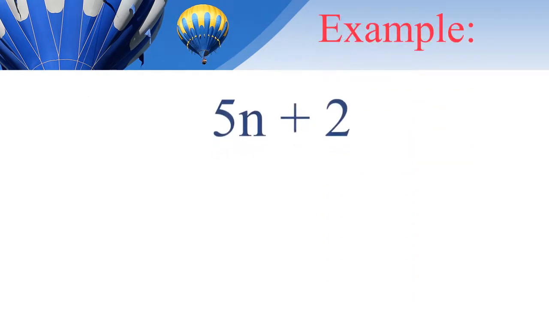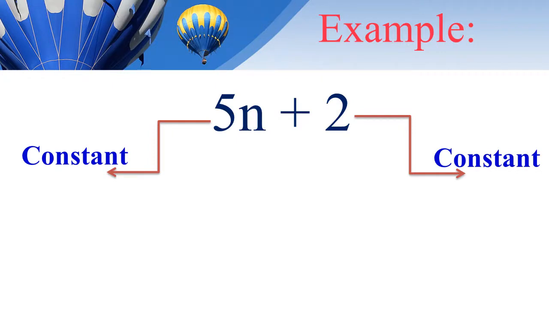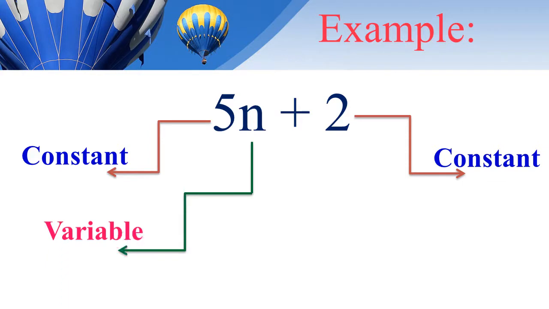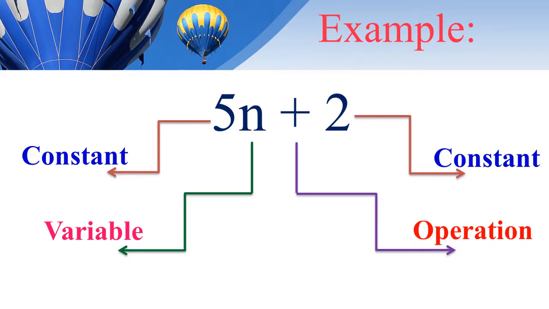Now let us see one example of an algebraic expression. The given expression is 5n plus 2. Here 5 and 2 are constants and n is a variable. Plus is an arithmetic operation.